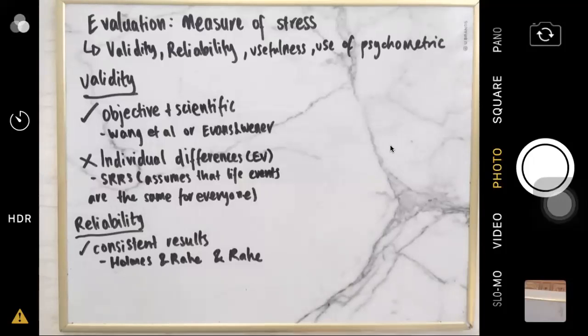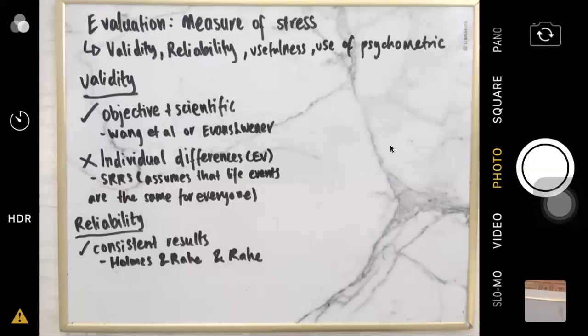What was Holmes and Rahe's conclusion? There was a positive correlation between SRRS score and risk of illness.